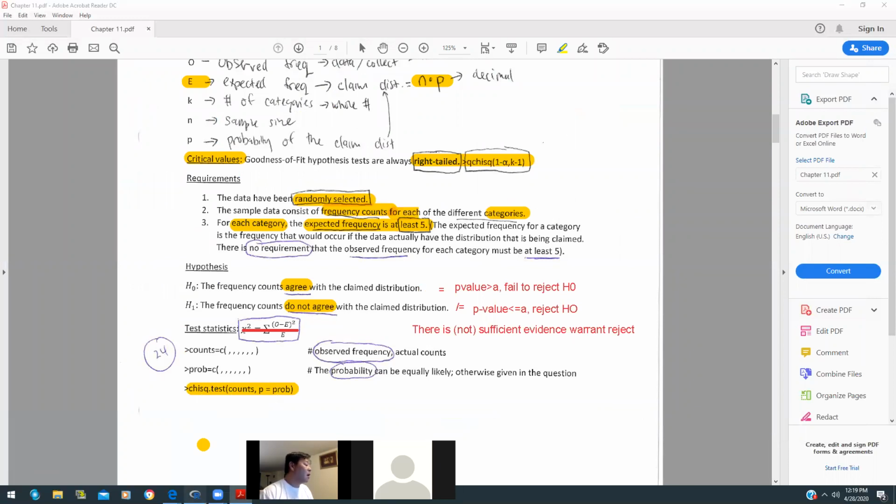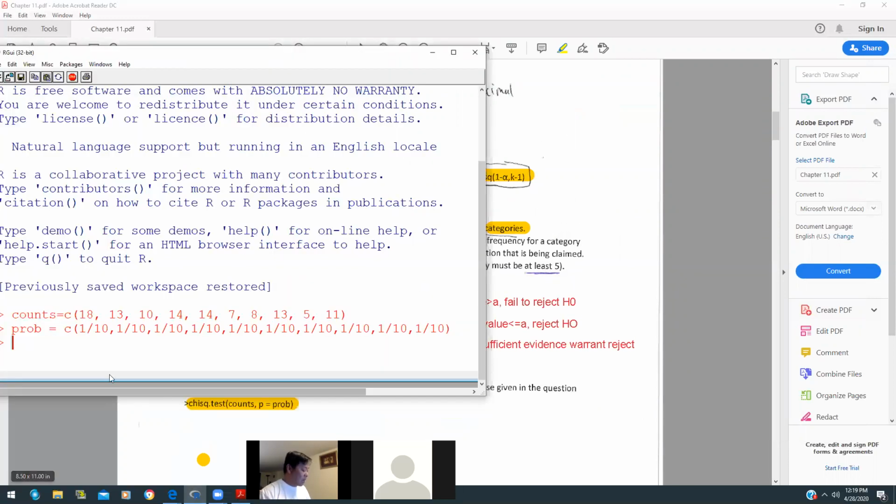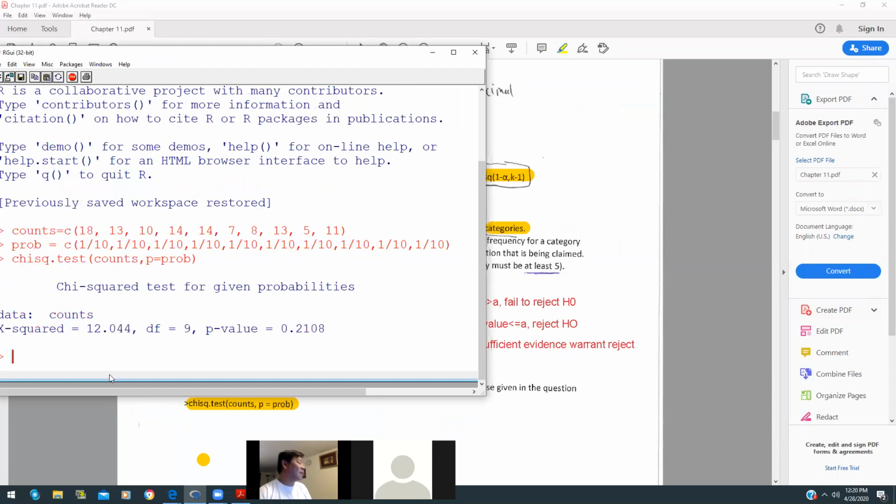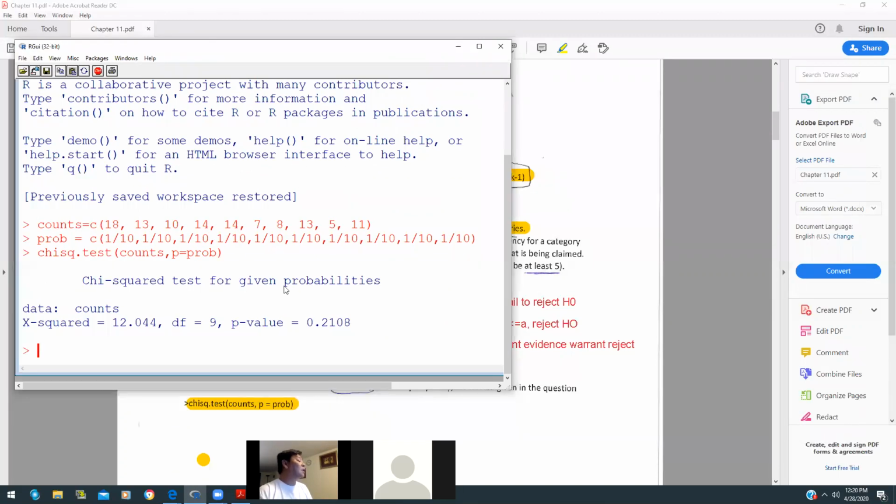And then to find that, you do the chi-square test, counts, comma, p equals prop. Exactly the same, so you don't do BSD or something else like that. Once you type this, if you get your answer like this, that means it's good.